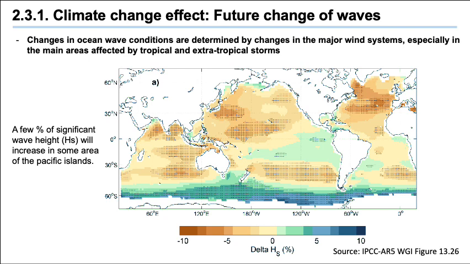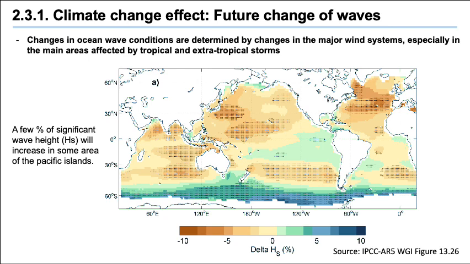The largest change is projected to be in the Southern Ocean, where mean significant wave height at the end of the 21st century is approximately 5 to 10% higher than the present day mean. A few percent of significant wave height will increase in some areas of the Pacific Islands.